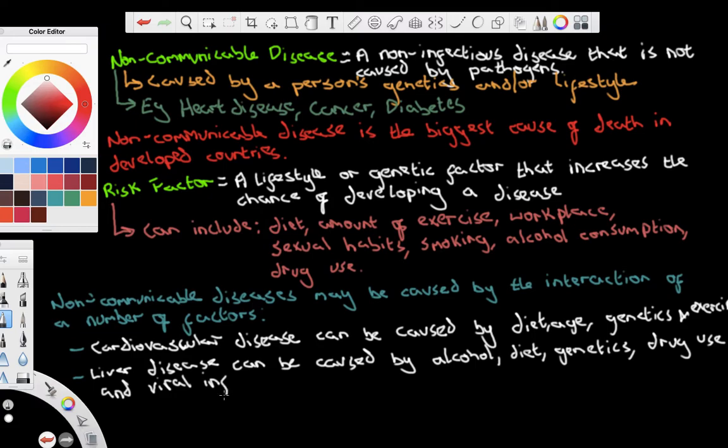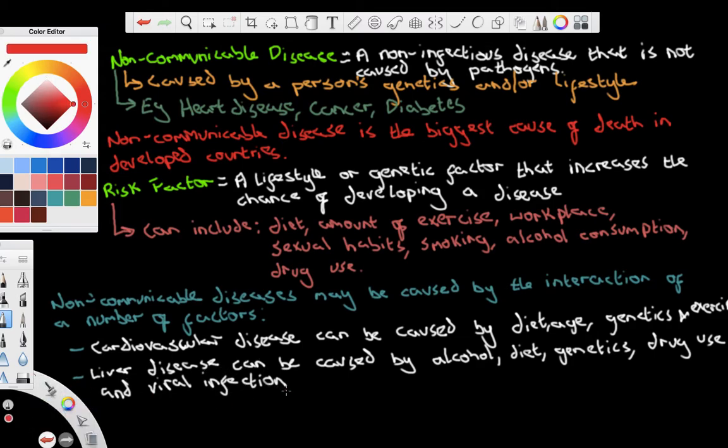Viral infection. Now, it's important to point out here that non-communicable diseases are not caused by pathogens. It's just this viral infection increases your chances of getting it. It's a risk factor. The virus does not actually cause the disease.